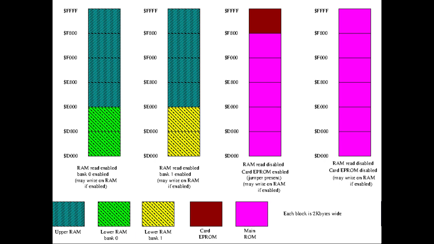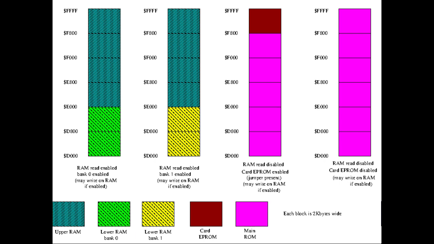Since the available space, if we disable all the ROMs, is only 12 kilobytes, and the additional RAM is 16 kilobytes, there are two possible configurations. The upper RAM is always mapped from E000 to FFFF, and the second 8 kilobytes can be split in two banks and mapped from D000 to DFFF.